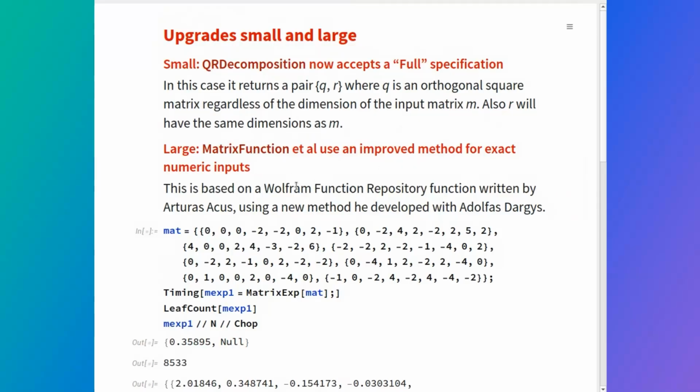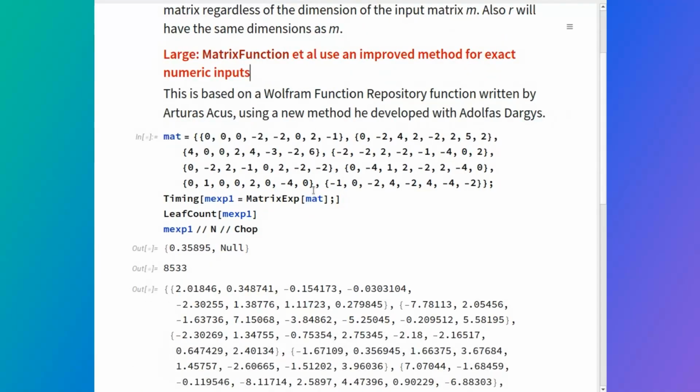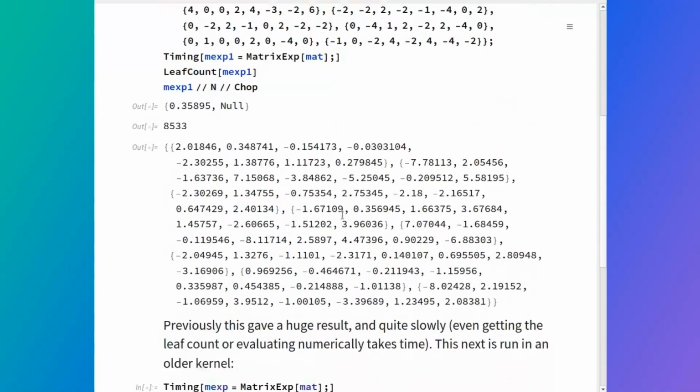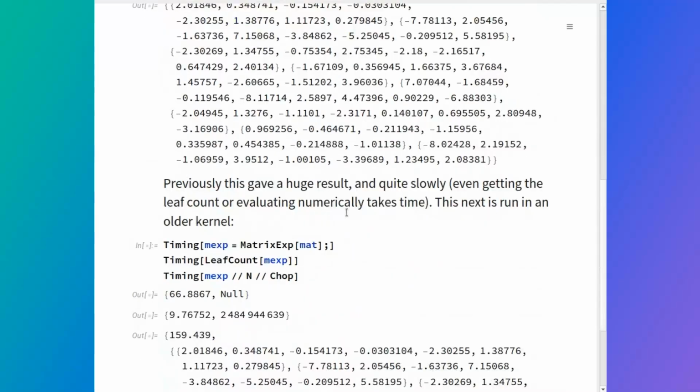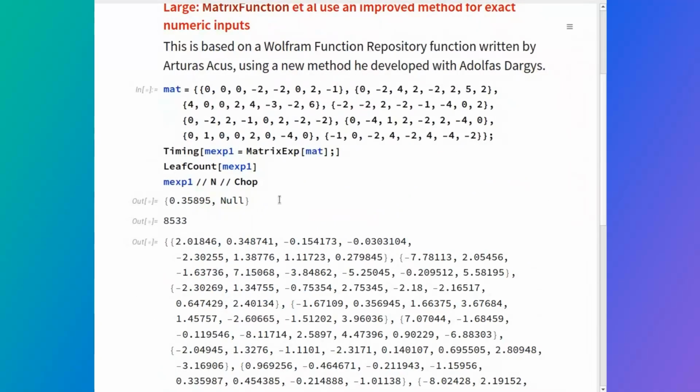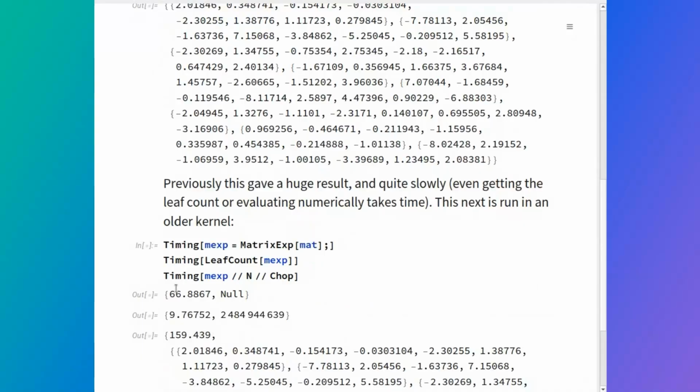The big improvement: matrix function for exact integer or rational number matrices is now much more efficient, and it gives a much smaller result. I show a quick example of that here. Previously, this gave a huge result. Now it takes less than half a second versus 67 or so seconds.